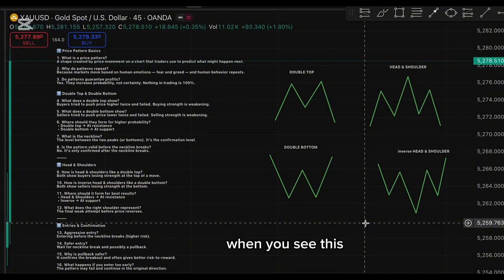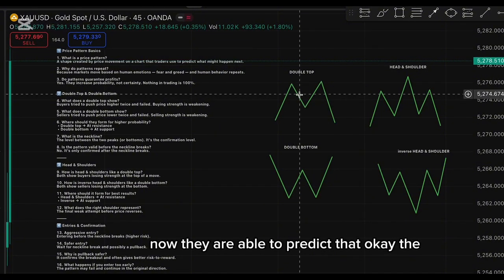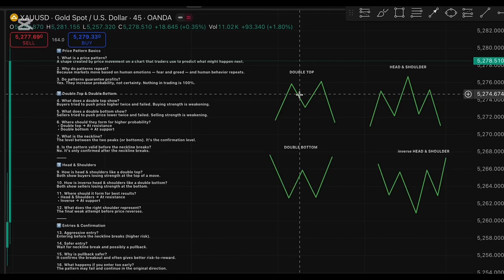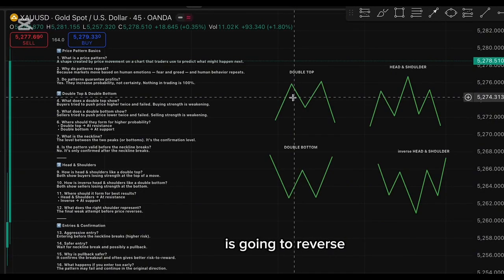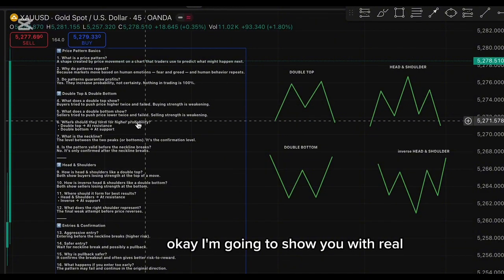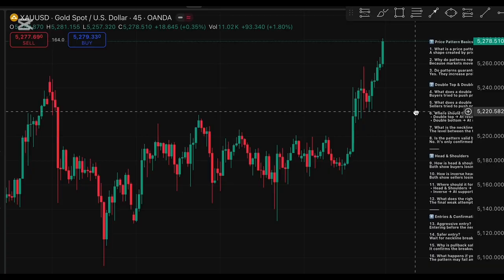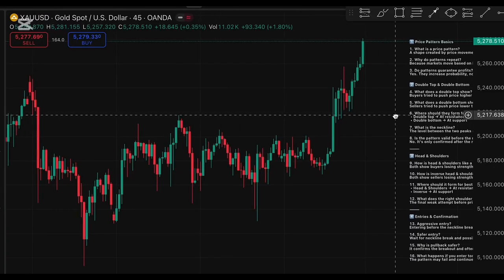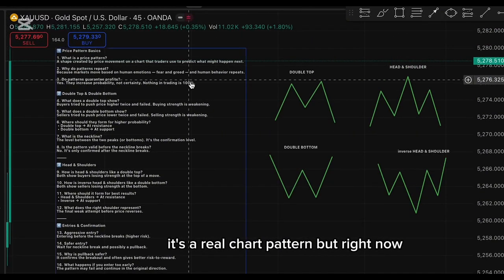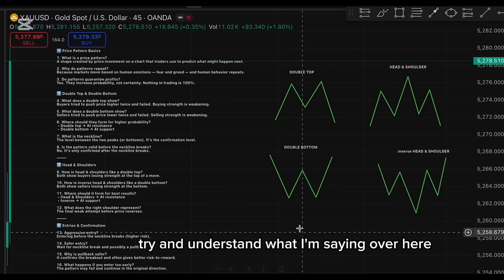When you see this, they are able to predict that the price is going to reverse. I'm going to show you all this in the chart with real candlesticks, with the real chart pattern. But right now, try and understand what I'm saying over here.